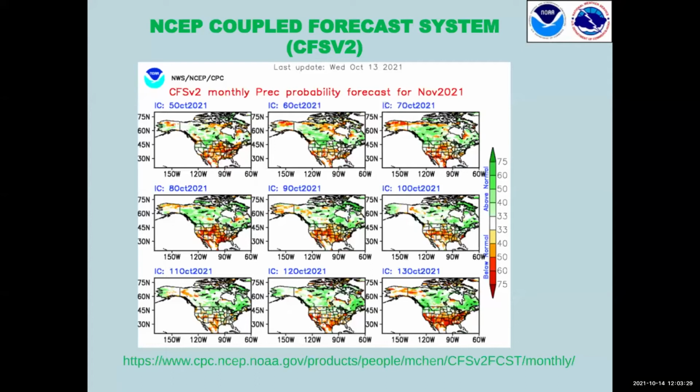It's a pretty small thumbnail, but it looks like near normal precipitation was forecast for November back on October 5th. But as we get closer to mid-October, October 13th, it looks like the CFS is trending toward below normal for November.